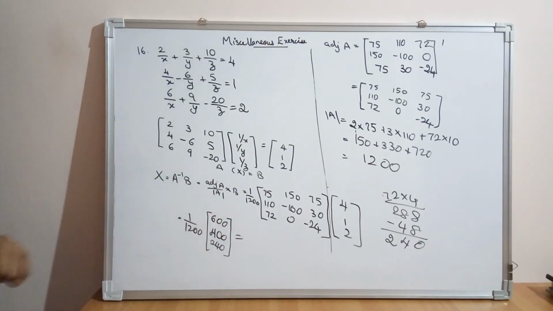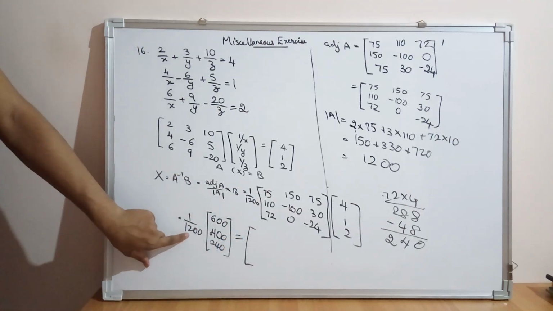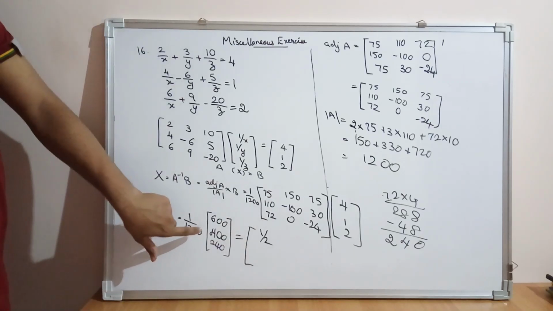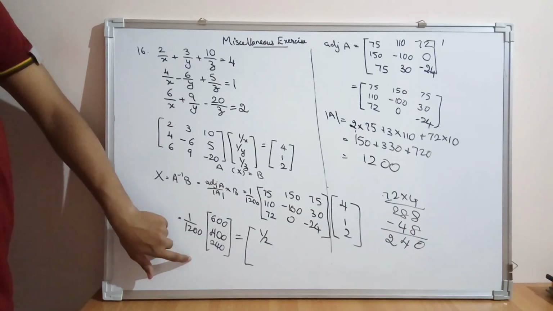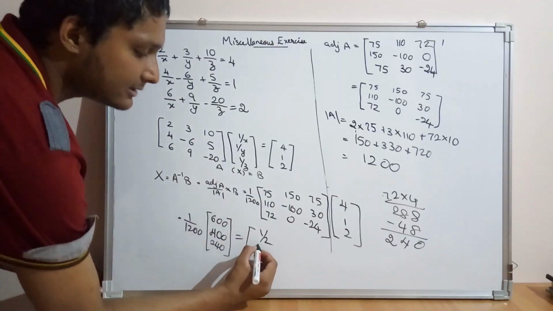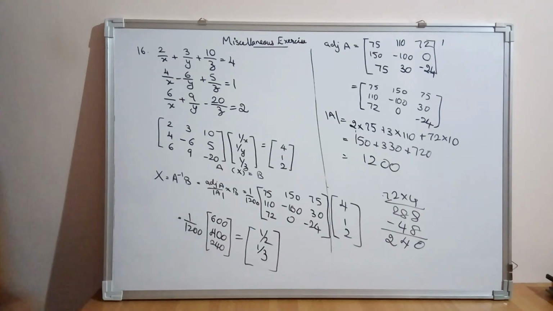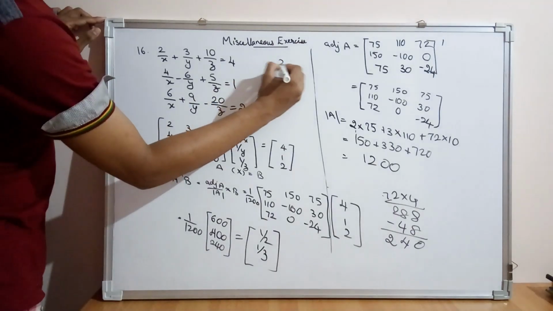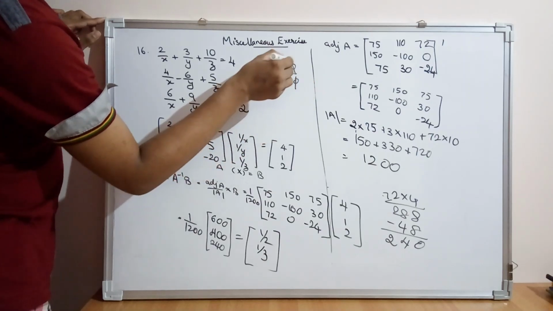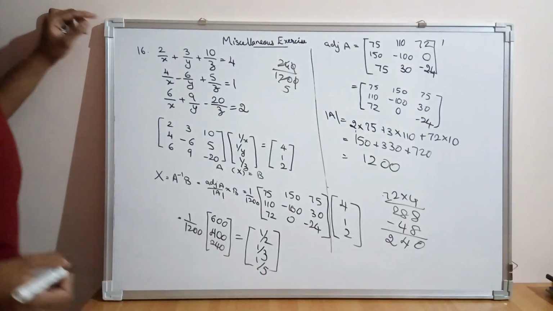This 1200 I'll take inside. So it becomes 600 divided by 1200, that is going to be half. That is the first one. Second one is 400 divided by 1200, both zeros get cancelled, 4 by 12, or I can write 1 by 3. Then we have 240 divided by 1200, the zeros cancel, 24 by 120, we get 1 by 5.